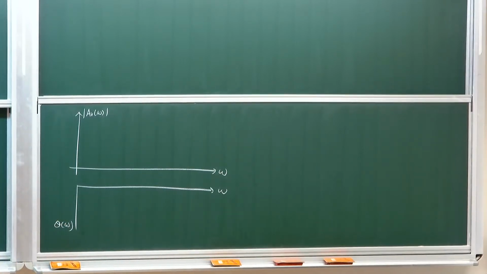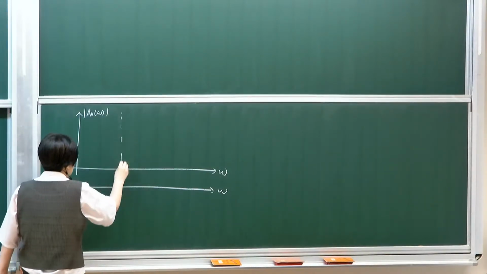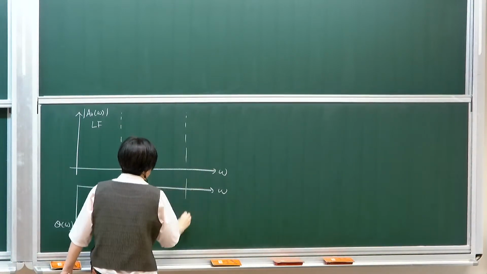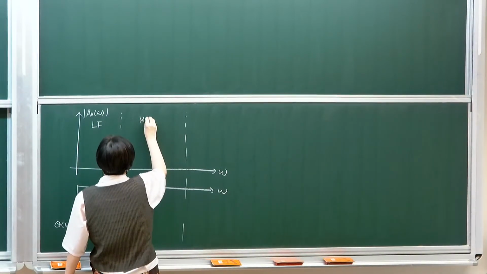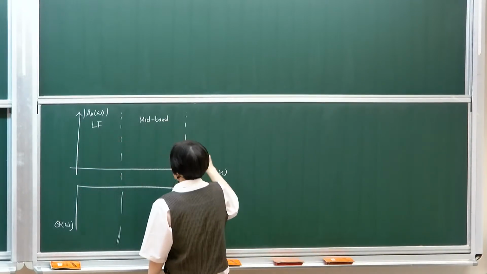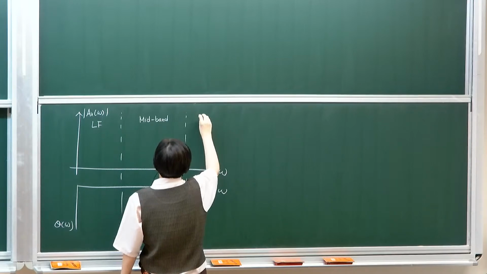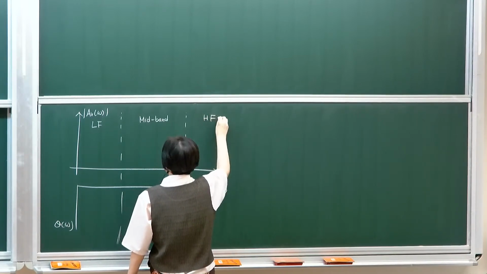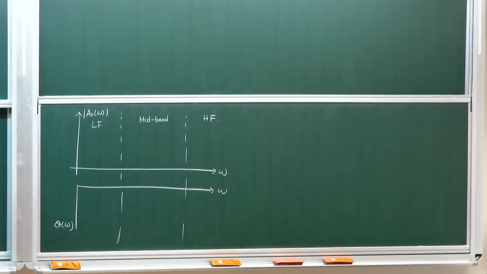We're going to separate it into regimes. One is low frequency. Then there is the mid-band, which we actually already know, and then you have the high frequency. Okay?